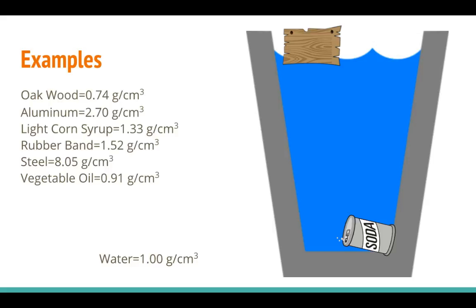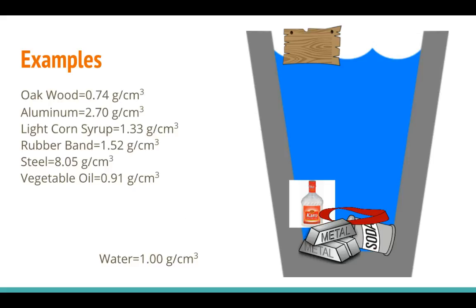Corn syrup with a density of 1.33, bigger than 1, so it's going to sink. A rubber band with a density of 1.52, bigger than 1, going to sink. Steel, much greater density than 1, with a density of 8.05. It's definitely going to sink. Then we have vegetable oil, which is just slightly less than 1 gram per centimeter cubed.